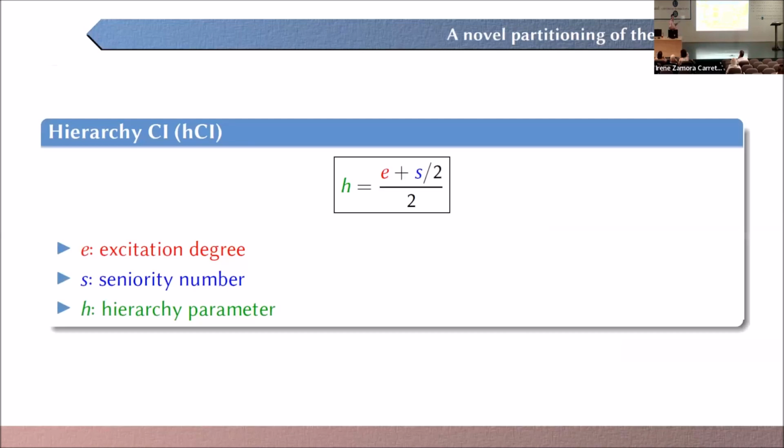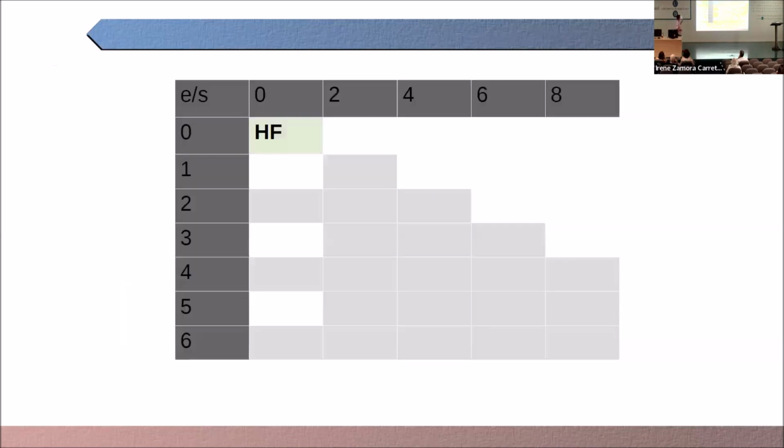So you can combine those two. You can say, well, I'd like to have low excitation and some seniority. So for example, that's what we've done with one of my postdocs, Fabrice Kosowski. We defined the hierarchy parameter, which is just a very simple combination of those two parameters, where we're going to fill the map now, but following the diagonal.